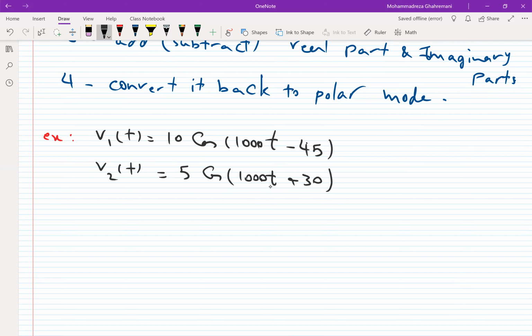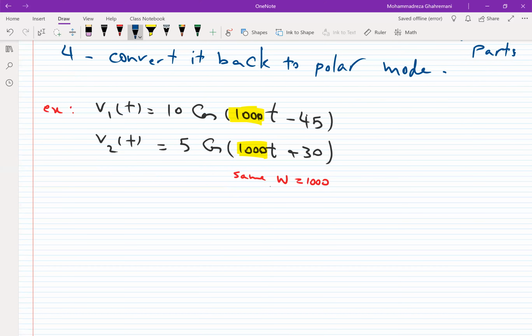We want to add these two signals. The first thing we should do is check the angular frequency. Are they the same or not? If they are not the same, we cannot add them by phasor adding and subtracting. So let's check. Both angular frequencies are the same, 1000. So we can solve this problem with phasor addition. Same omega, which is 1000.